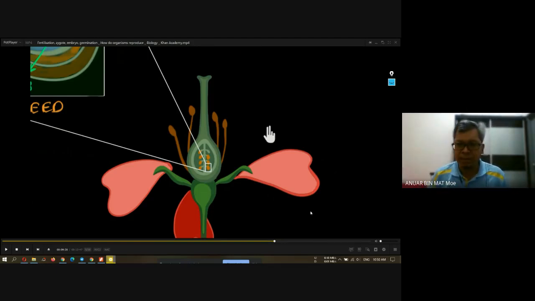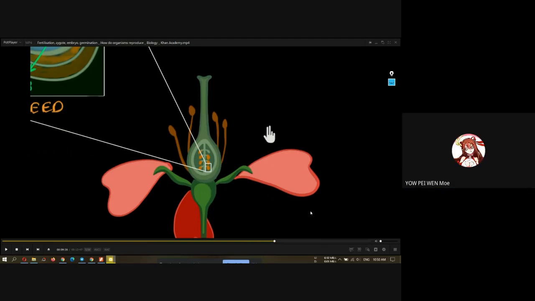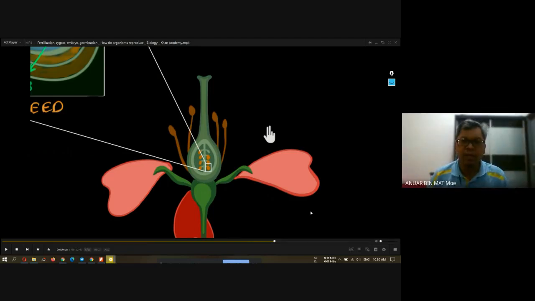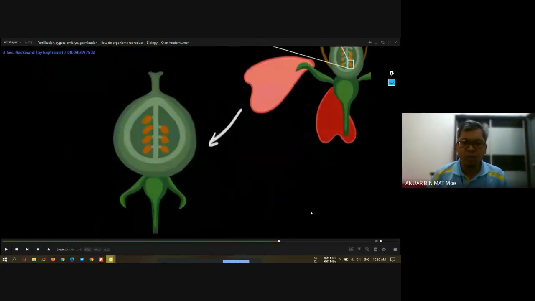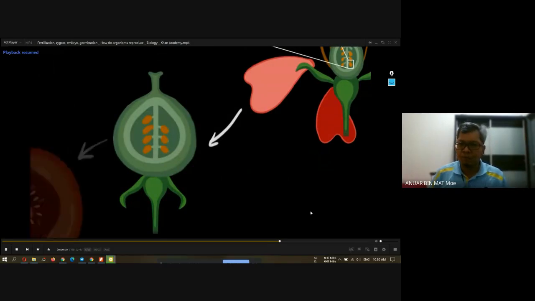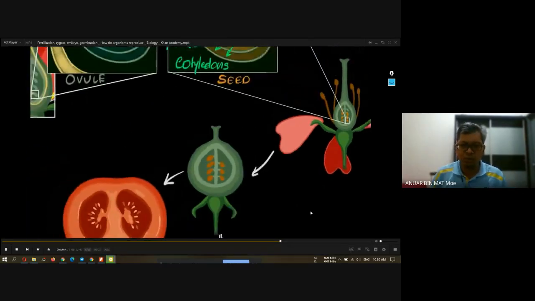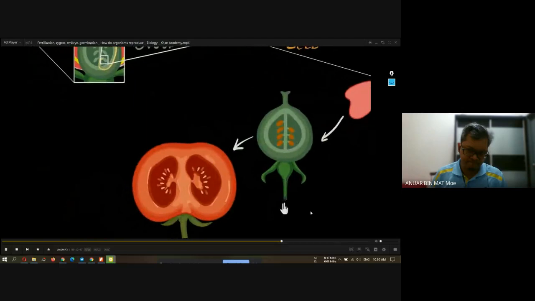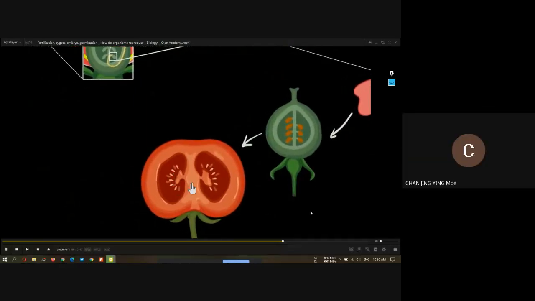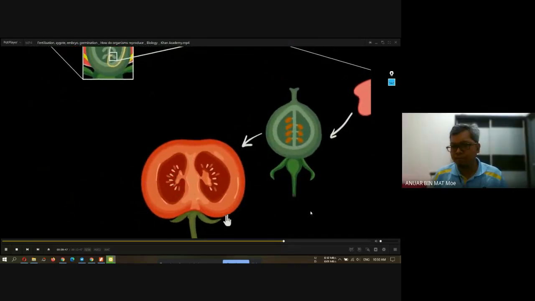They will fall off. And the ovary will enlarge to become what? Fruit. Yes, very good.